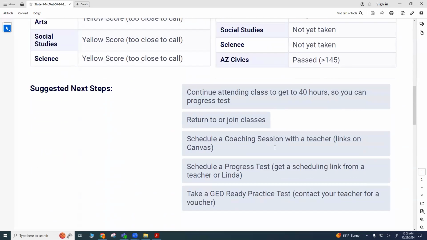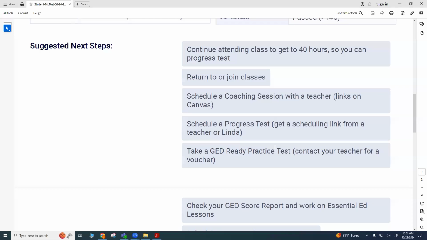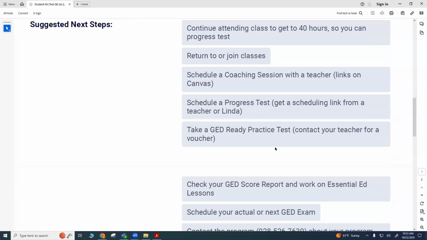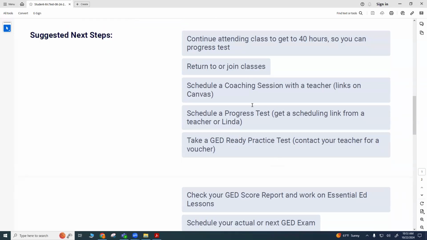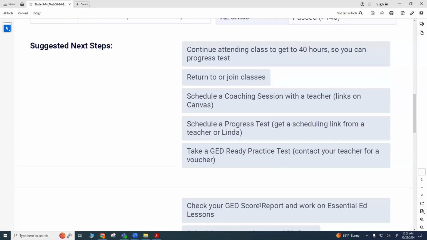Okay. So the next part, I have a list, like a checklist. You wouldn't see all of these here, but this is what I put in here: your suggested next steps. Based on all of the information at the top of this report, now what do I do? What does this tell me I should do?